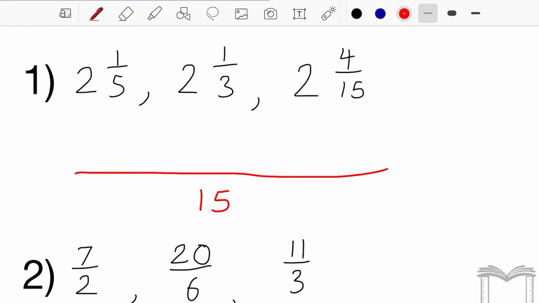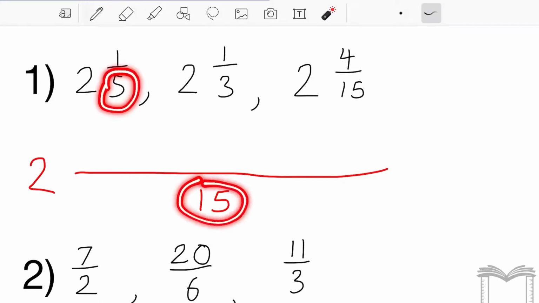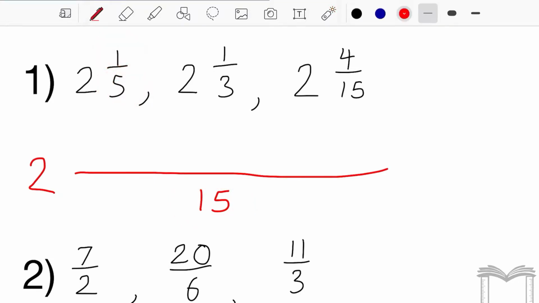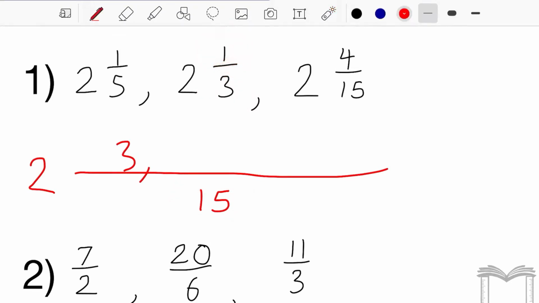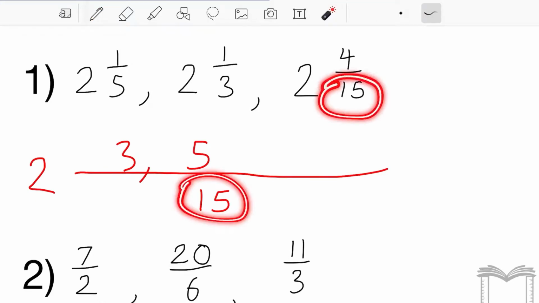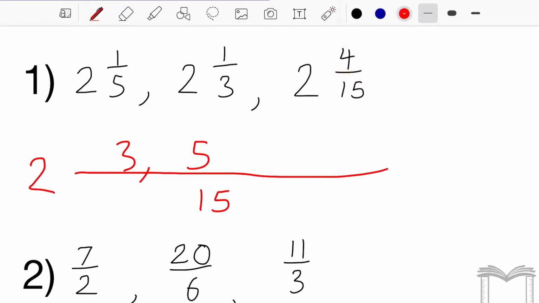So we will put the 2 outside here, which represents 2 for all of them. 5 into 15, or 15 divided by 5 is 3. 3 times 1 is 3. 15 divided by 3 is 5, and 1 times 5 is 5. 15 divided by 15 is 1. 1 times 4 is 4.